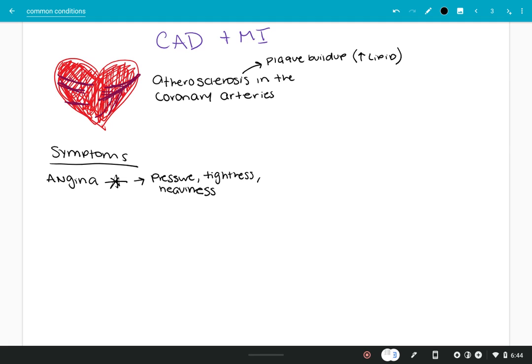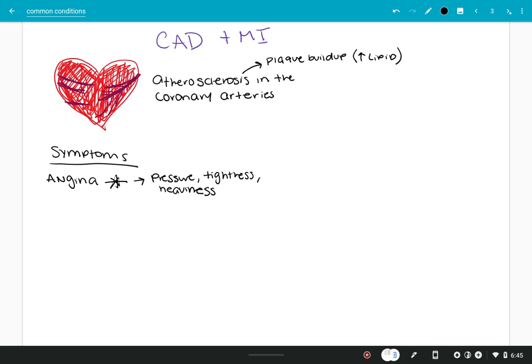Just think about people that have angina. They're going to be clutching their chest, right? They're pushing on their chest because of that pressure, that tightness, that heaviness. So just think about somebody grabbing their chest, putting pressure on their chest. That's what that symptom feels like.